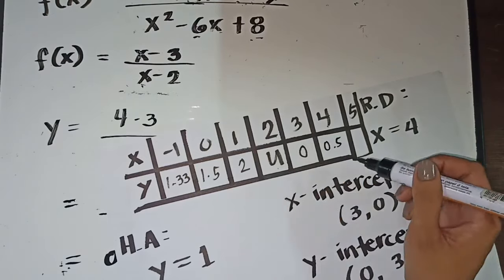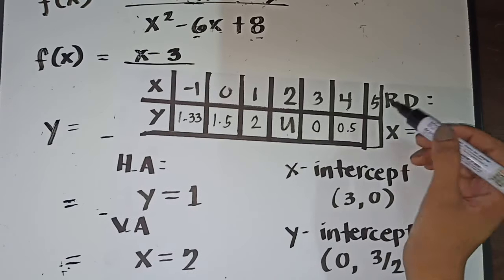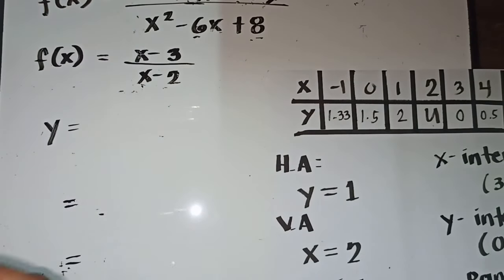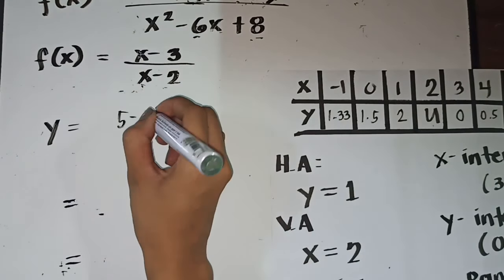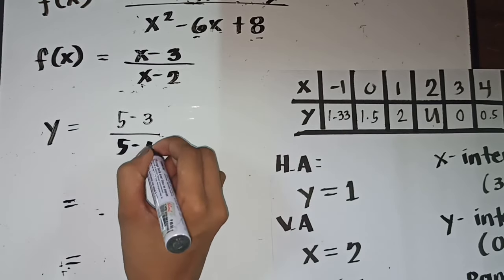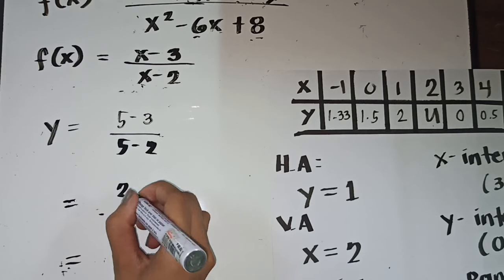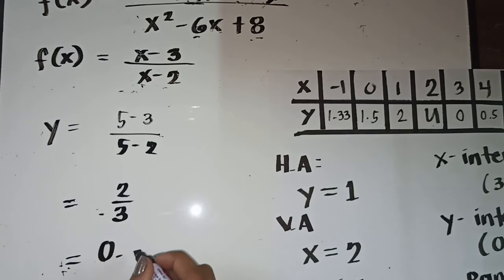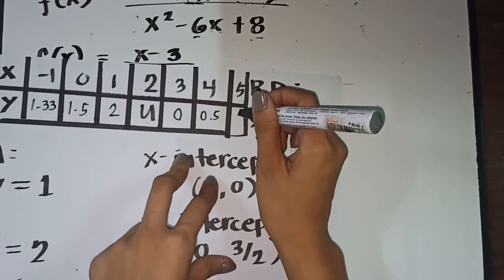So, if the value of our x is 5, substitute the value of x, which is 5. So, 5 minus 3 over 5 minus 2 is equal to 2 over 3, or 0.67. So, the value of our y is 0.67.